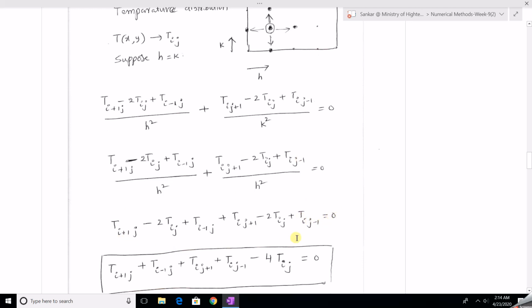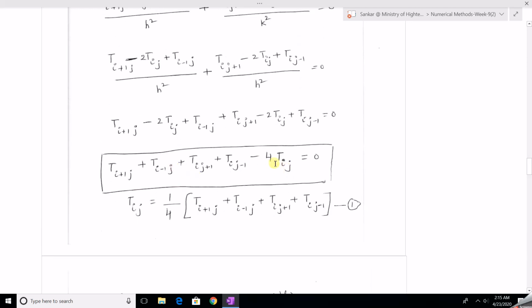Here we have minus 2 t i j, and here another minus 2 t i j. If we add these two terms, it will be minus 4 t i j. Therefore, this equation reduces to t i plus 1, j plus t i minus 1, j plus t i, j plus 1 plus t i, j minus 1, and these together minus 4 t i j equal to 0.